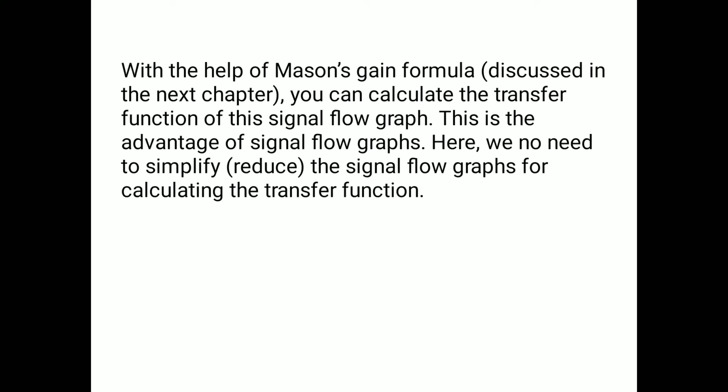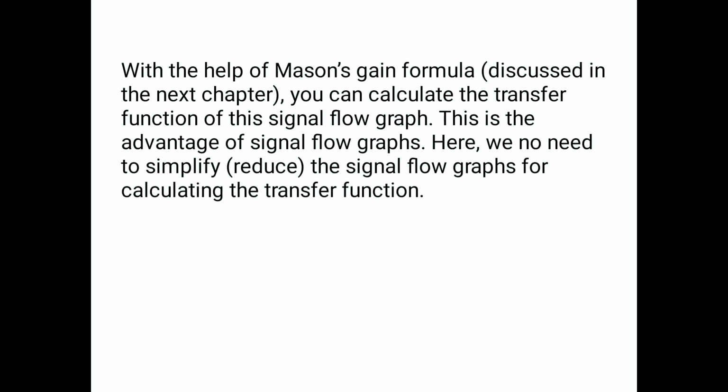As the signal flow graph overcomes the difficulty in finding the transfer function, we mostly use signal flow graph compared to block diagrams. Here we need not simplify the signal flow graphs for calculating the transfer function. As in the block diagram we have to reduce each and every block to find the transfer function.